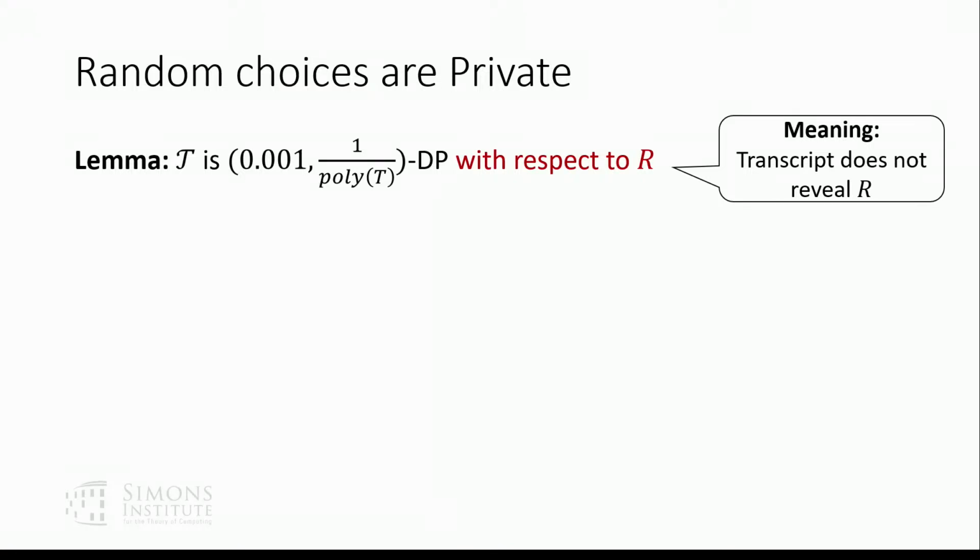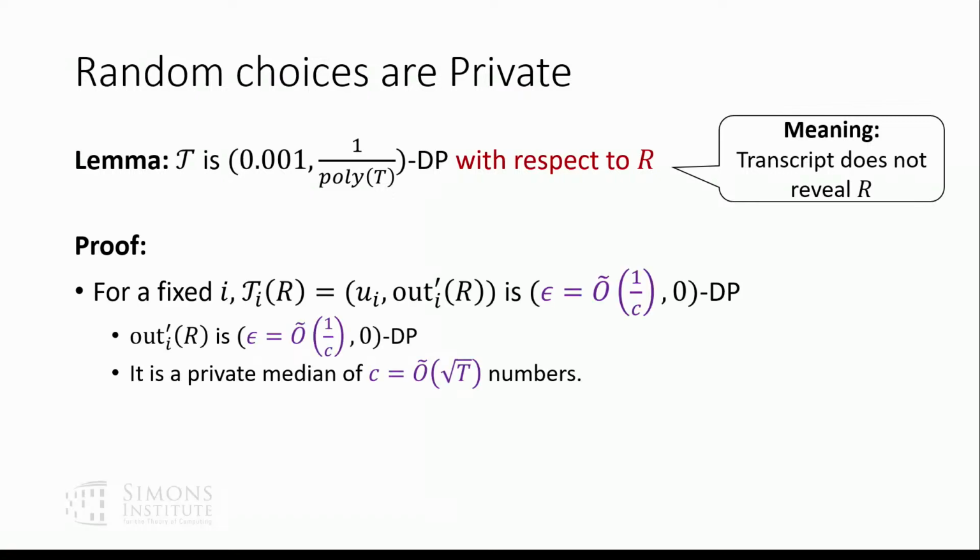So why is this? Well, first of all, if you fix any i, the transcript at time i is just the update and the output at time i. I claim that this is going to be 1/C private. The reason is that the output at time i is just a private median of C many numbers, and so this thing is going to be 1/C private.